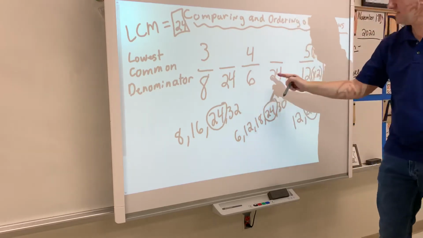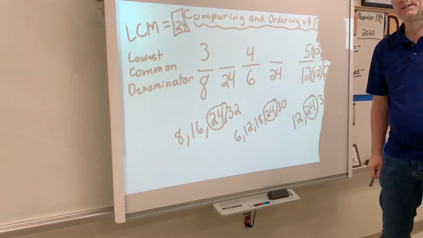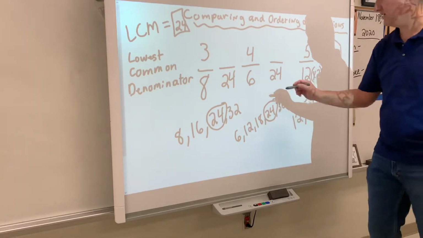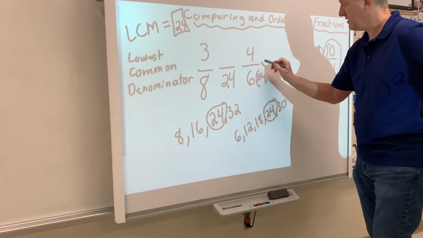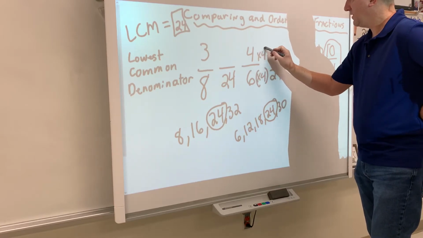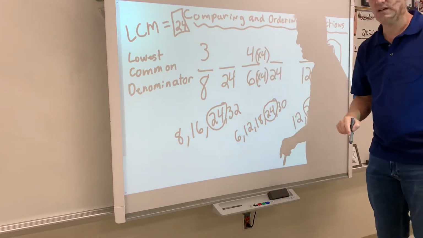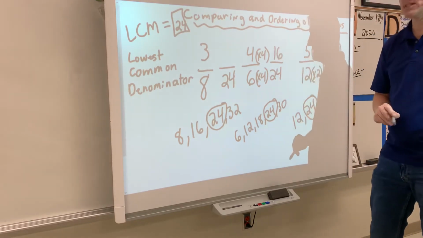What times 6 makes 24? Yeah, you got it, 6 times 4. Whatever you do to the denominator, you have to do the same thing to the numerator, right? So 4 times 4 equals 16.